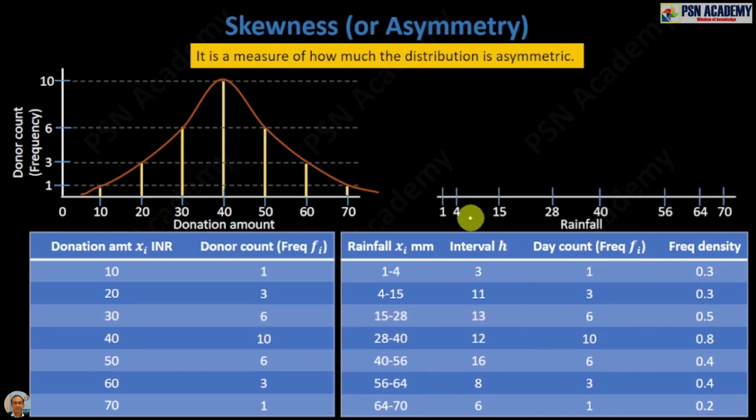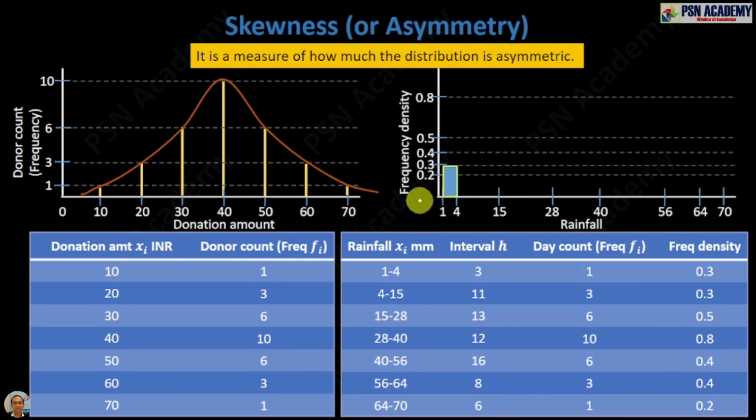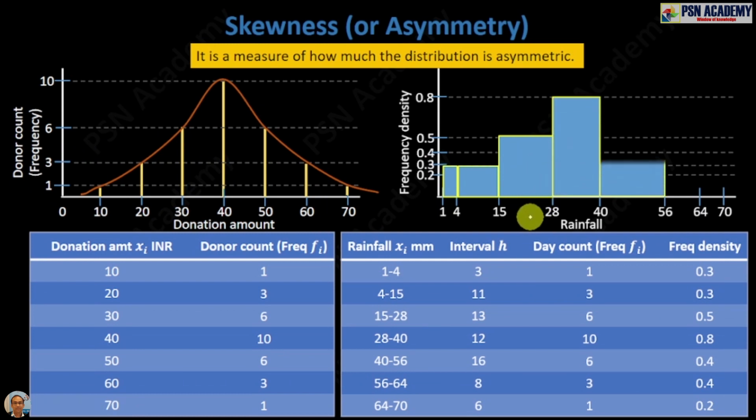Now here we go with the figure. This is rainfall and this is frequency density. The first class interval goes up to 0.3. The second one, you see, is much wider than the first one and it also goes up to 0.3. The third one goes up to 0.5 and like this.